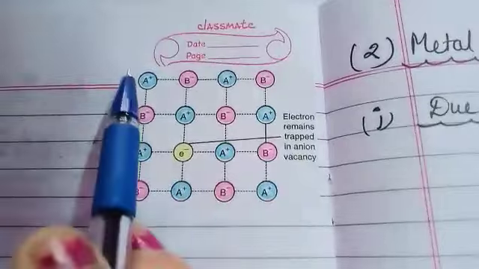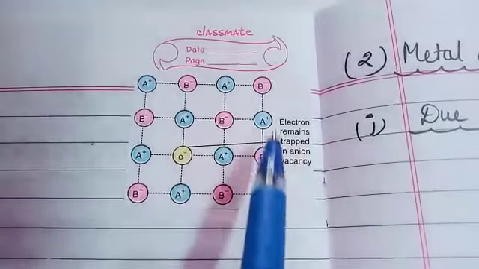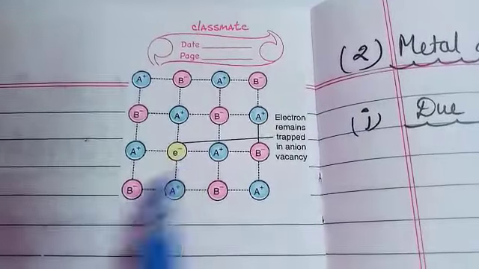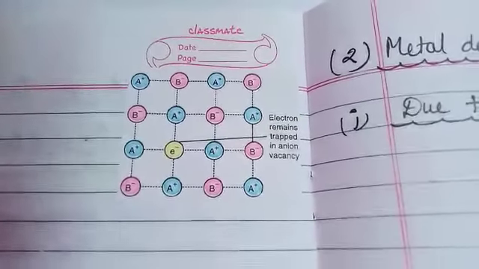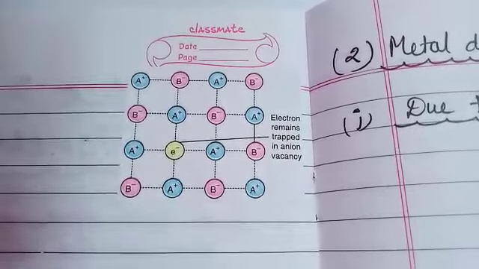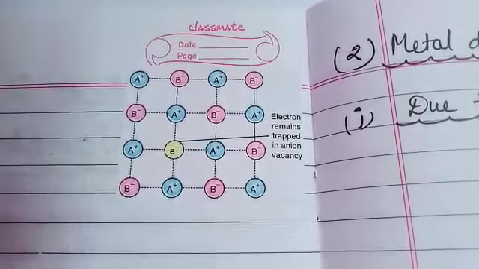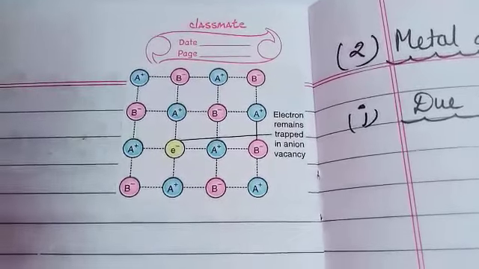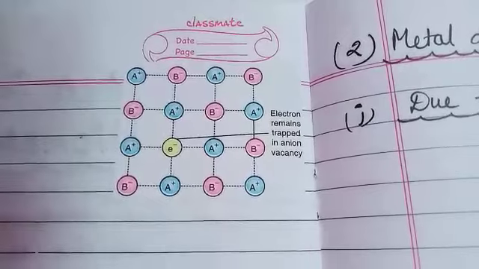Now just see, this is a crystal with the arrangement positive, negative, positive, negative. From this, one anion is missing, because it is a metal excess defect. So how is it possible to have metal excess? Metals are those which have a tendency to lose electrons and acquire positive charge.